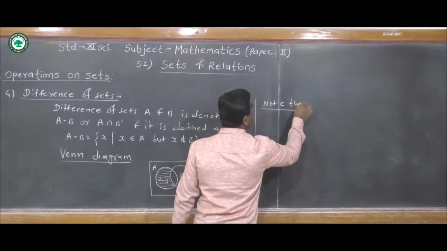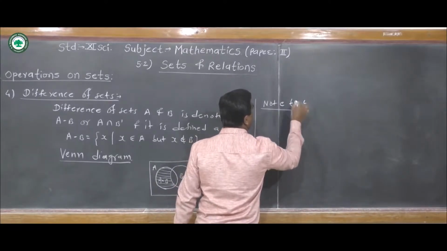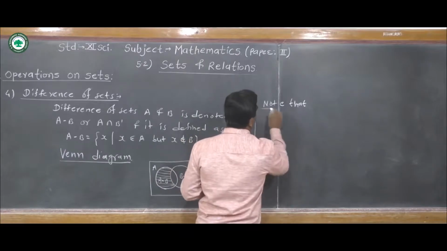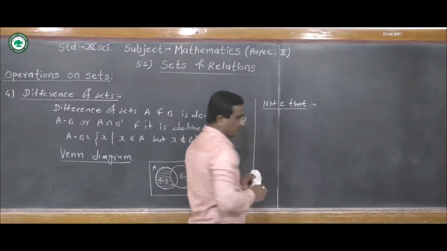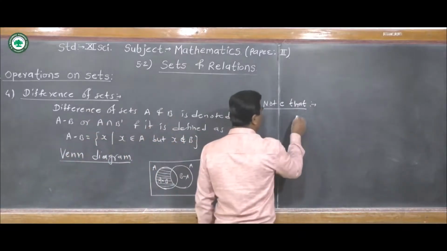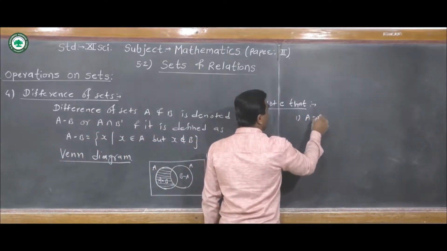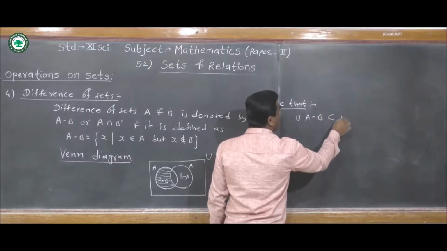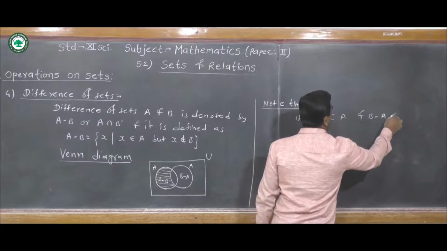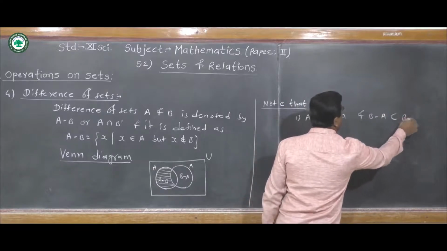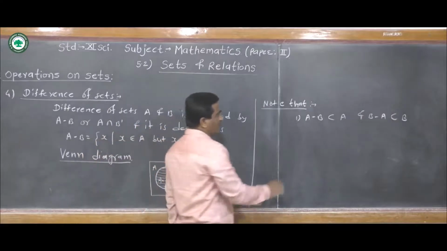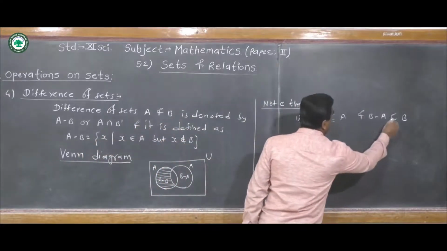Note that, first note: A minus B is a subset of A and B minus A is a subset of B. A minus B is a subset of A, which is again a proper subset.